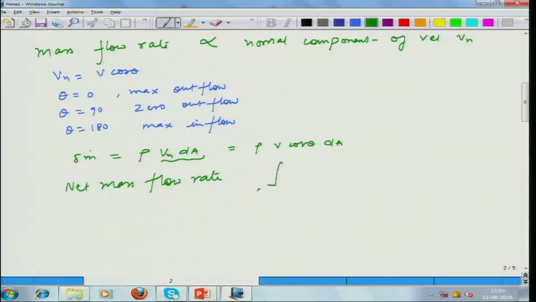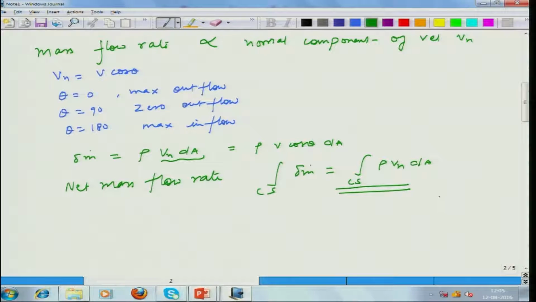by integrating over the control surface, which means on the surface of this control volume, okay, which essentially would be your integral of rho Vn dA. Okay, now this essentially has also the component inflow as well as outflow.